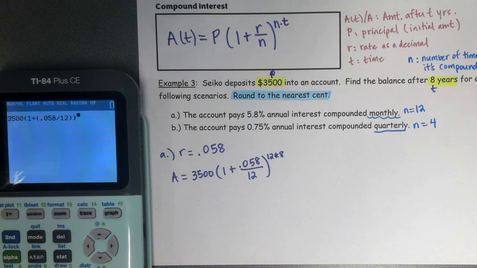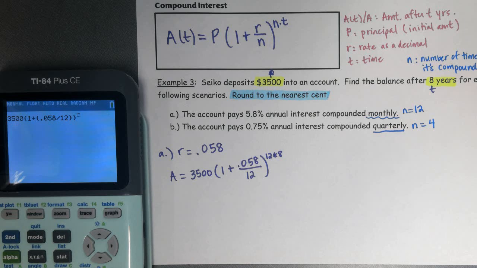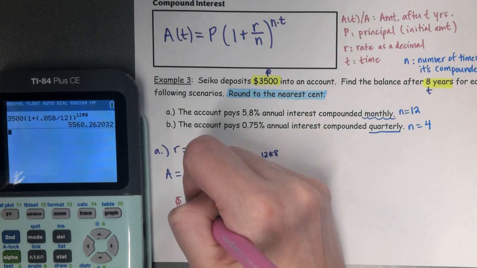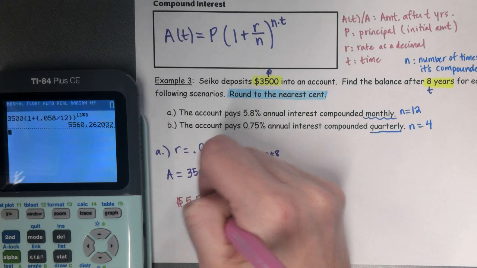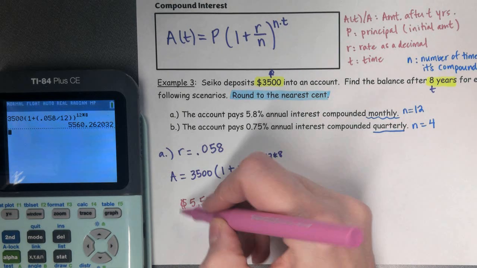But if your calculator does the caret, then you have to put this in parentheses. So if your calculator does the caret in parentheses, you will do 12 times 8, close the parentheses, then you press enter. Okay, and then you will know if you put it incorrectly if your final answer for this is $5,560.26.